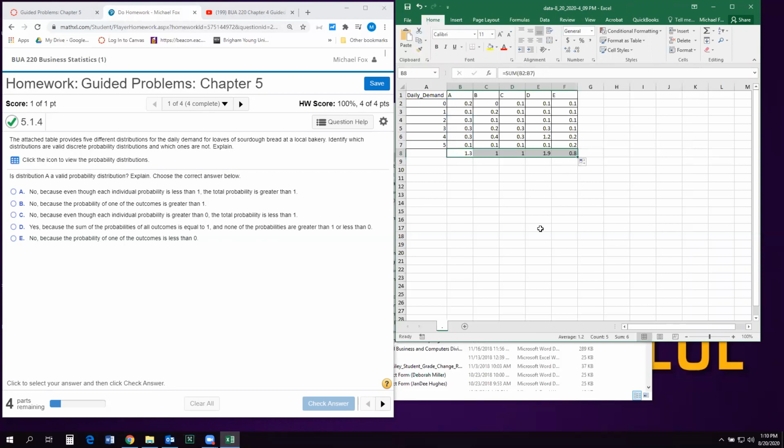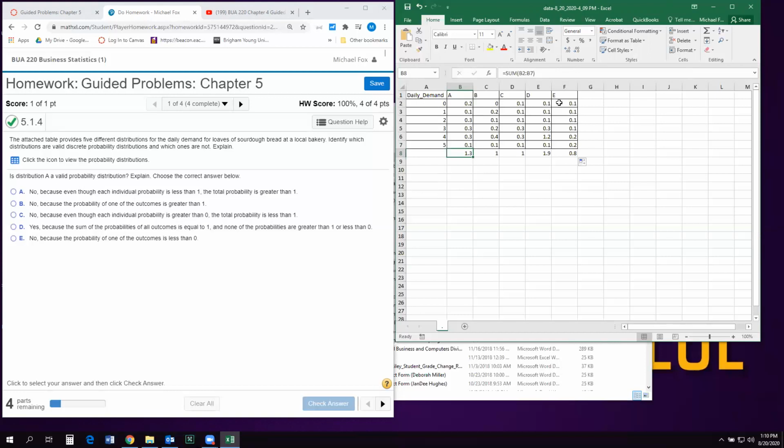So if we recall, in order for a distribution to be valid, it has to always add up to 1, right? Because each of these is a percentage. So for distribution A, we're saying there is a 20% chance that the daily demand is 0, 10% that the daily demand is 1, 30%, etc. And if it adds up to more than 1, more than 100%, then that makes it invalid. Also, if it adds up to less than 100%, it's invalid.